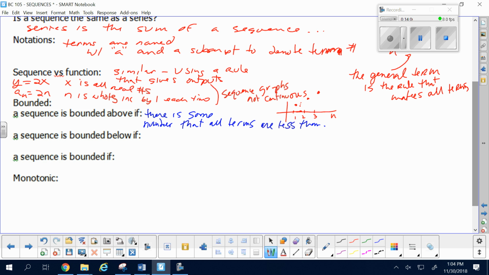Another way to say it, more wordy: there is an L, L for limit, such that all terms, which are a sub n, are less than or equal to that upper bound. Bounded above means there is an upper ceiling on all the terms.